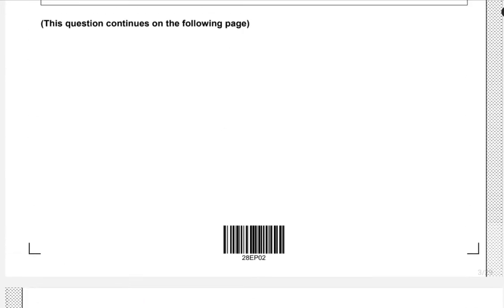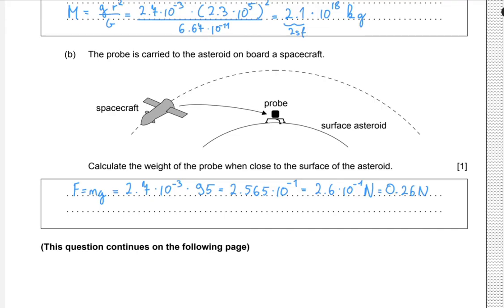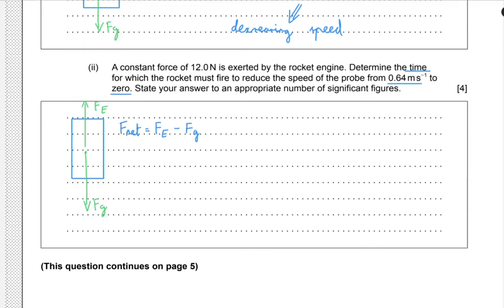In the previous part, we calculated that the weight is 0.26 newtons. So we can do 12.0 minus 0.26, which will give us that the net force is 11.7 newtons approximately.